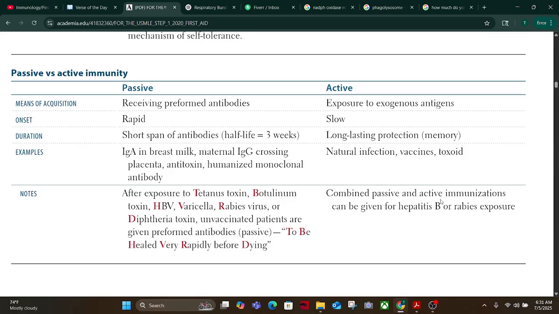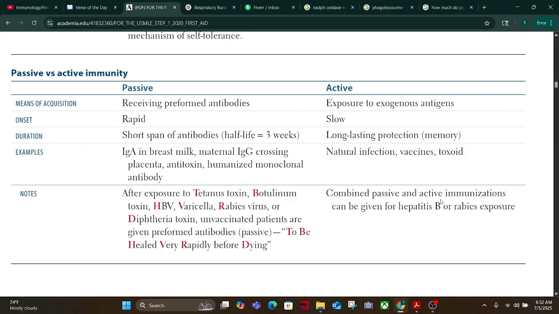Notes: combined passive and active immunization can be given for hepatitis B or rabies exposure. Combined passive and active immunizations are given because rabies has a 100% mortality rate. So for rabies, give combined passive and active immunization. If you don't get vaccinated for rabies, once an infected dog or bat bites you, you will die.